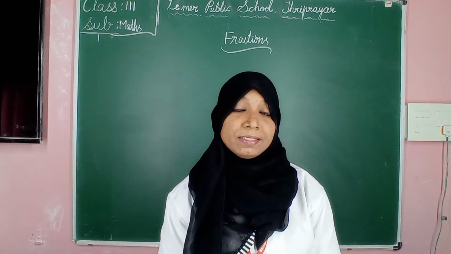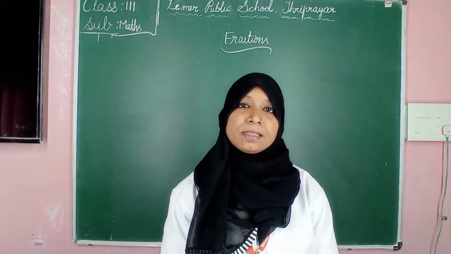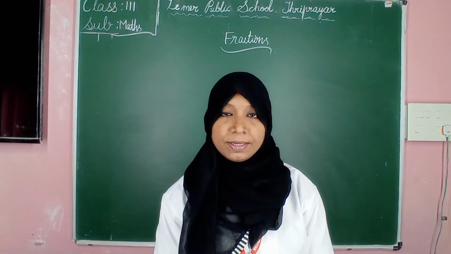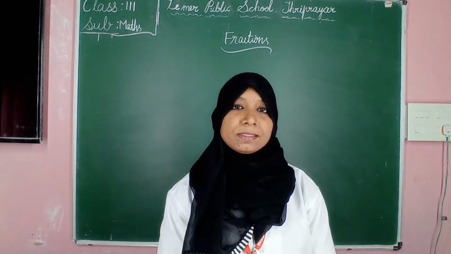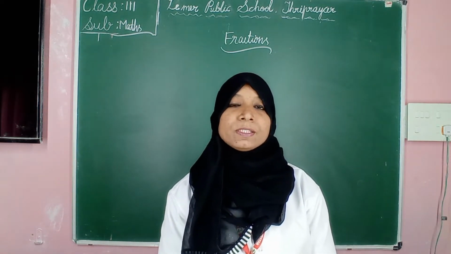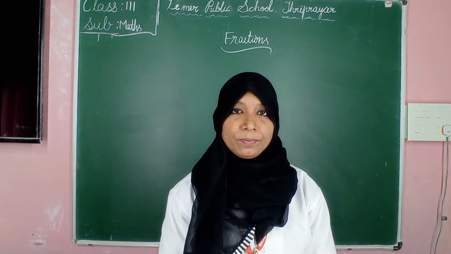What are fractions? The parts of a whole are called fractions. A fraction has two parts, numerator and denominator. Some children don't know the spelling of numerator and denominator. The pronunciation also they don't know.